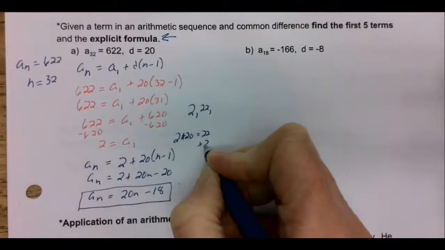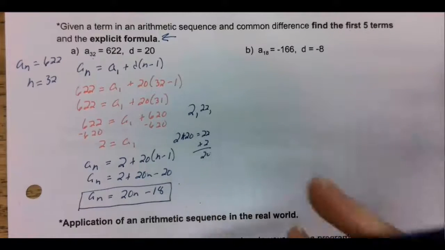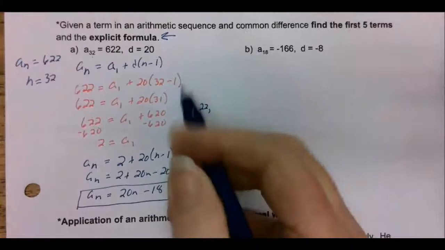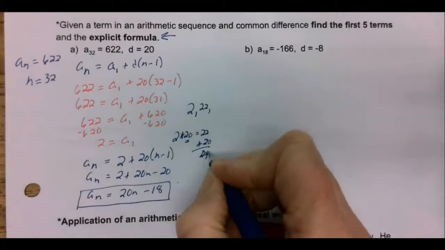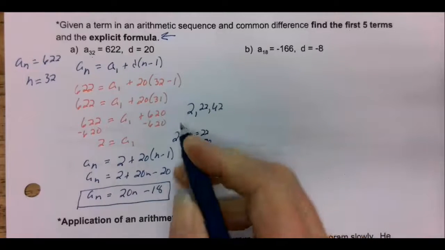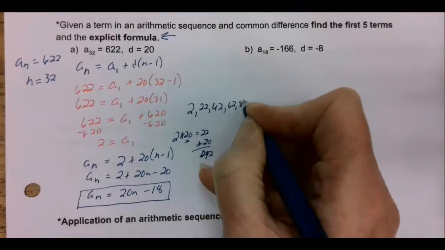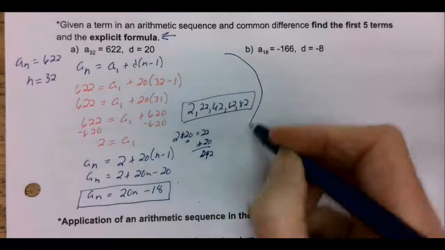And then I'm going to add 20 to that, my common difference. Adding 20, I get 42. And after this, can't you just kind of see? I'm going to add 20 every time, so I get 62 and 82. There are my first 5 terms.